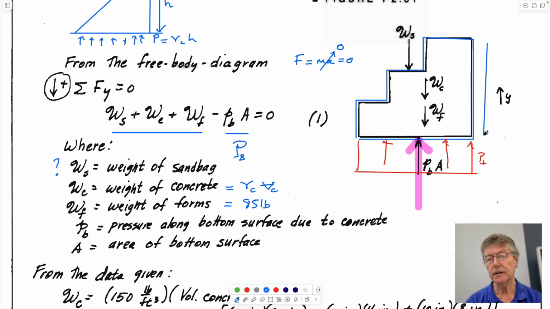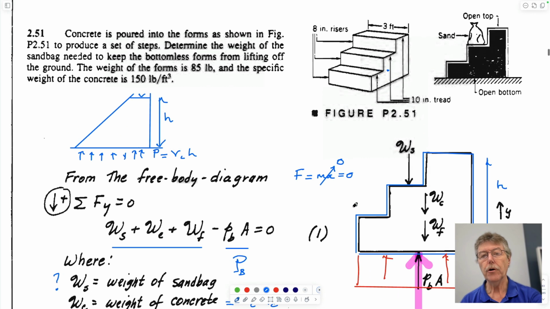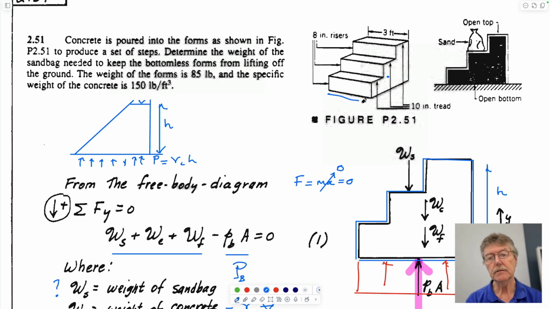We just said what it is. It's going to be H times the unit weight, gamma. This isn't a V, it's a bad gamma. And the area of the bottom of the form is going to be W times L.